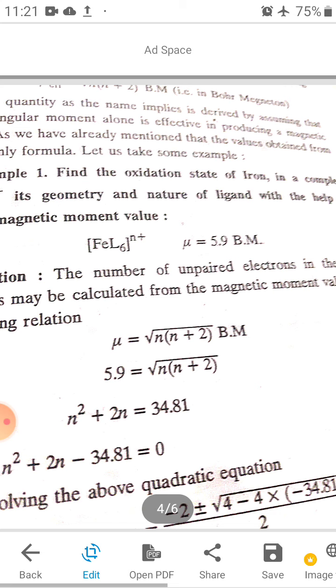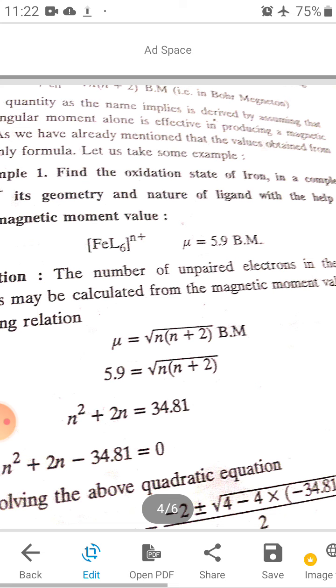FeL6 n+, its geometry and nature of ligand with the help of the magnetic moment value, where mu is equal to 5.9. Now we know that when mu is 5.9, that means the number of unpaired electrons will be more. So we can calculate mu by under root n into n plus 2. 5.9 is equal to under root n into n plus 2.